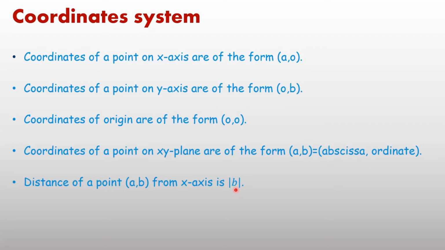You will take positive sign only. And distance of any point (a, b) from y-axis is equal to mod of a. So these are 6 basic things which you should know before starting the chapter coordinate geometry.